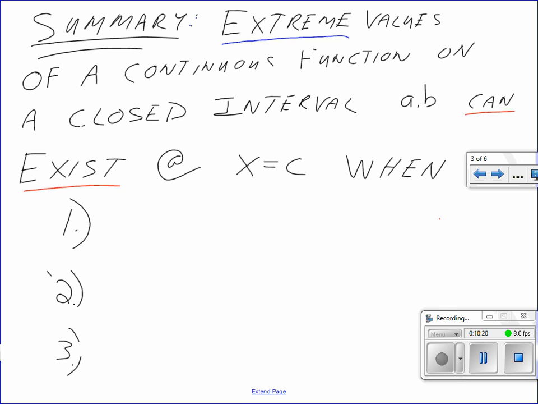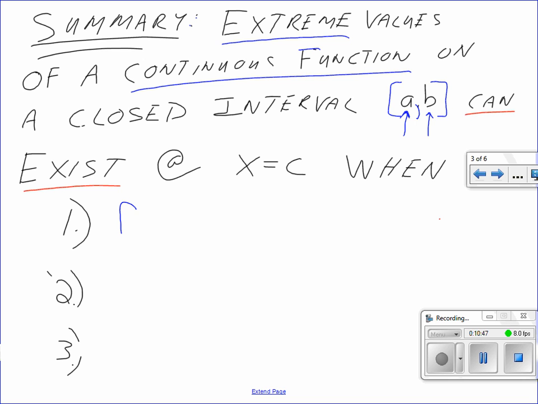Extreme values, what are those? Those are maximum or minimum values of a continuous function. We know what a continuous function is, right? You can't lift your pen off the paper. On a closed interval a, b, right? A closed interval includes the endpoints, a and b. We say extreme values can exist at x equal to c when what is true?